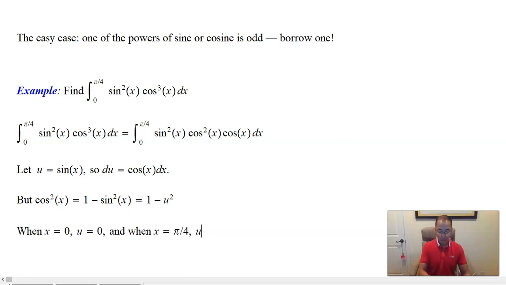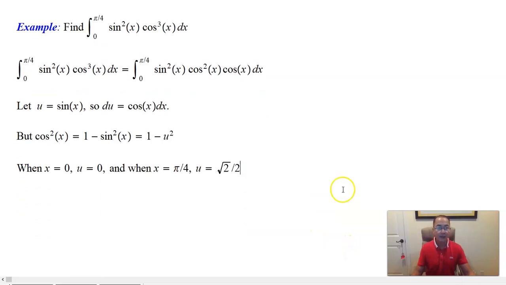I hope you remember. u is radical 2 over 2, or if you like, 1 over radical 2. Same thing. Okay, so now we are ready to plug in our substitutions.